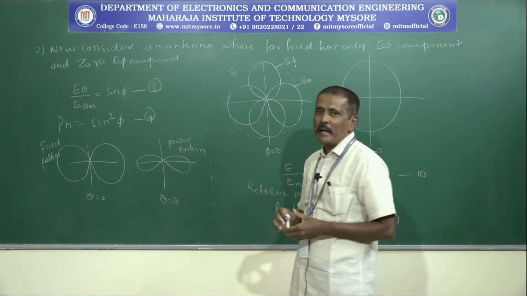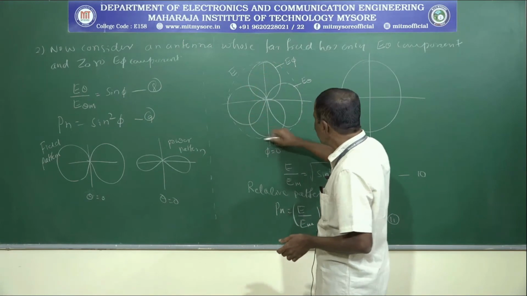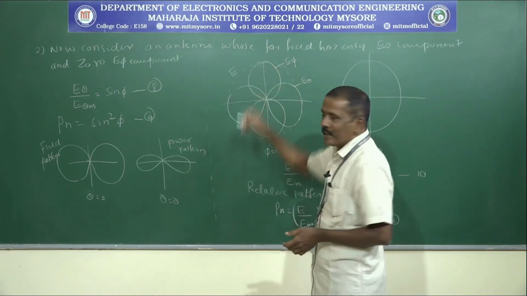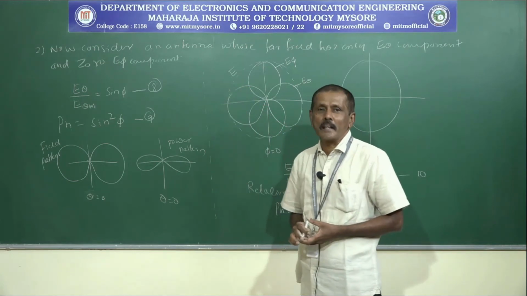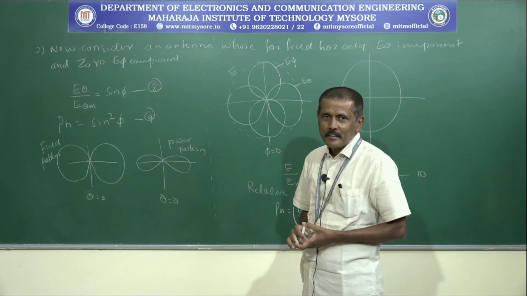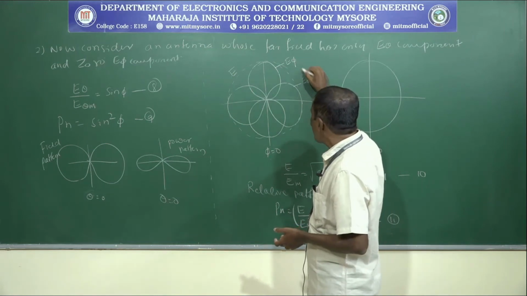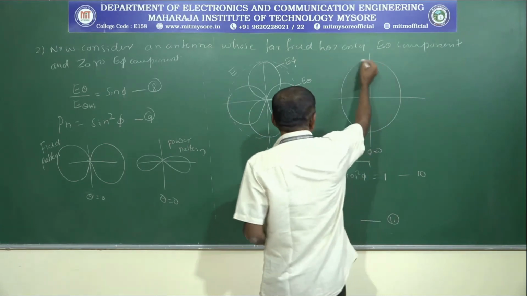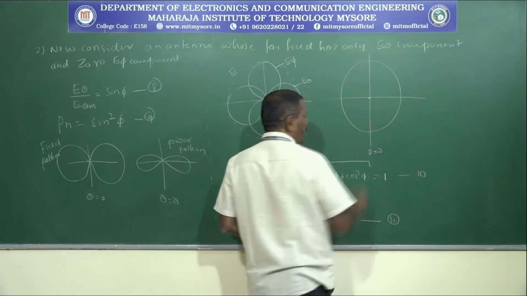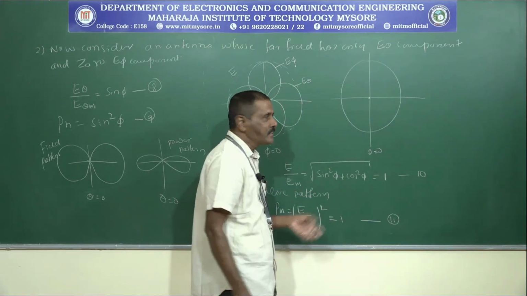Now the radiation pattern of the antenna should look like this, and this is the sphere where you have the radiation from the antenna, and E is the total electrical field produced by the antenna, which contains both theta component and the phi component. So now we can show it like this. Here you have an antenna, and this antenna radiates uniformly in all directions.